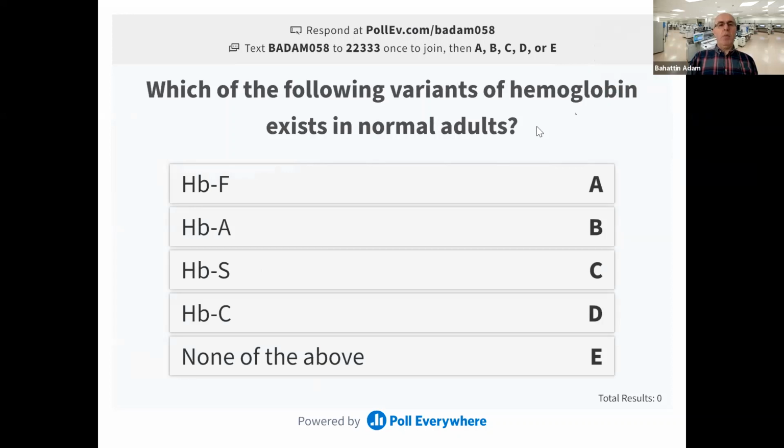Which of the following variants of hemoglobin exists in normal adults? Hemoglobin F, A, S, C. The hemoglobin that we see in normal adults, in a normal person. Okay, let's see.